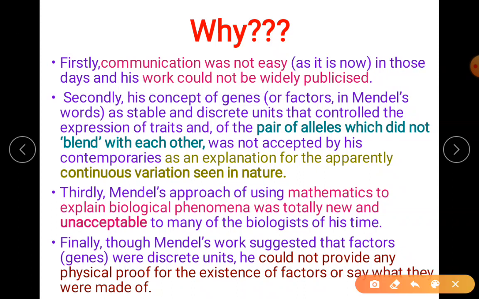Second reason, he said the factors are stable and discrete, but he couldn't explain what the variation was that was occurring. Variations were observed, and the variation part he could not explain using statistics. So it is not a 100% answer.